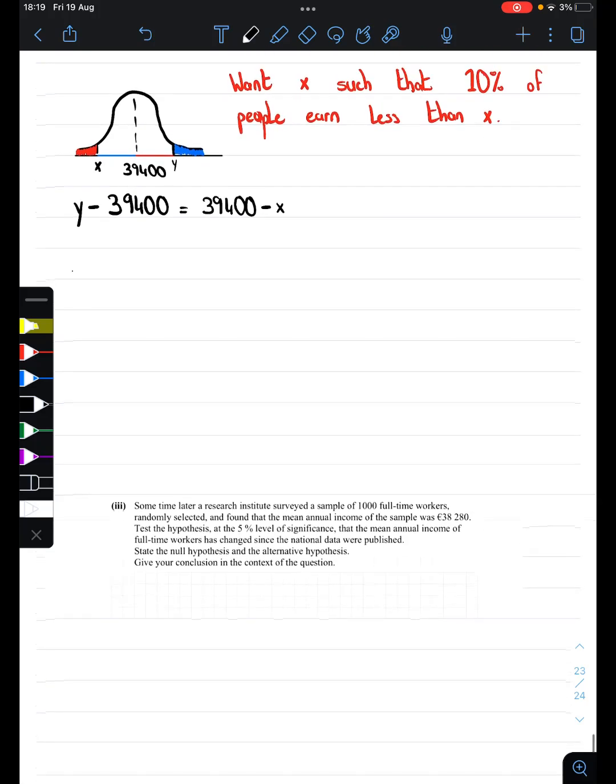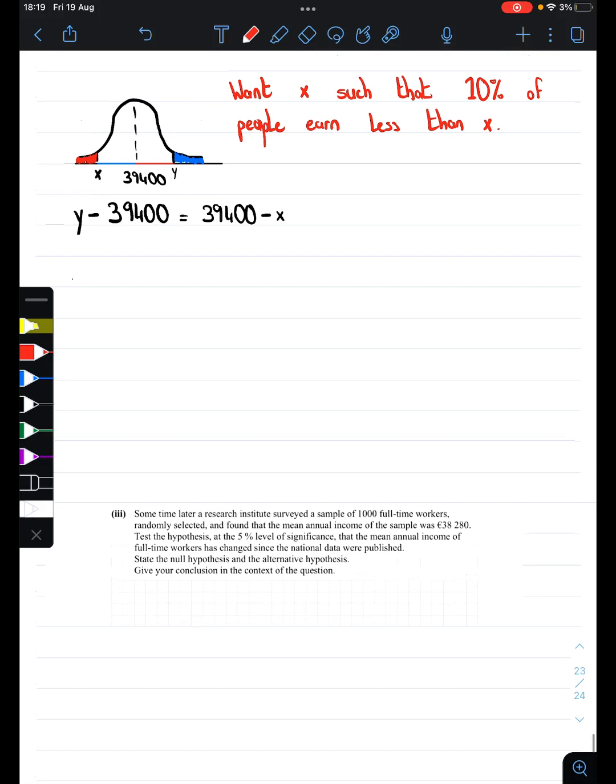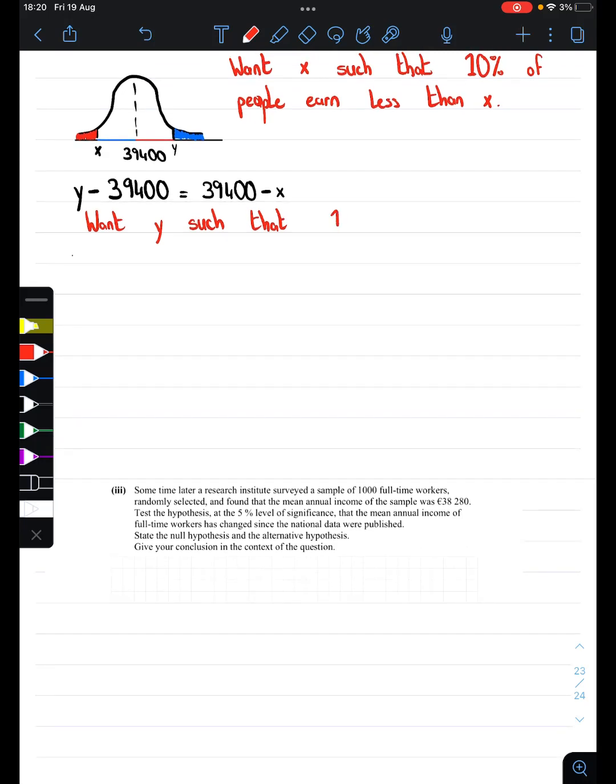Okay, so what's equivalent to what we're looking for is y such that 10% of people earn more than y.